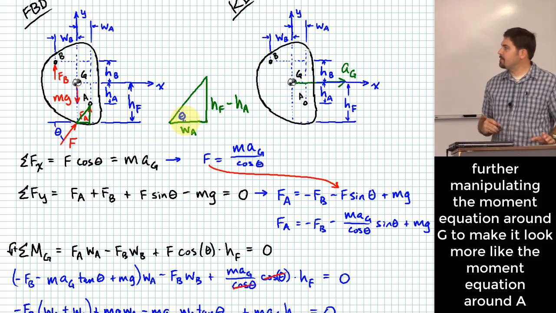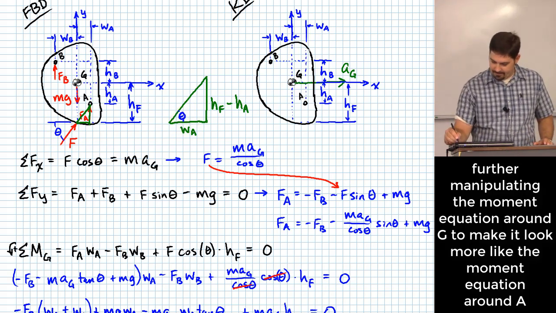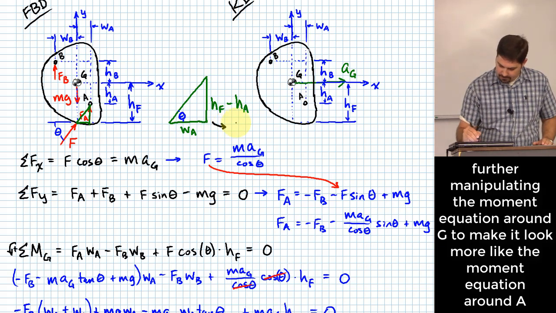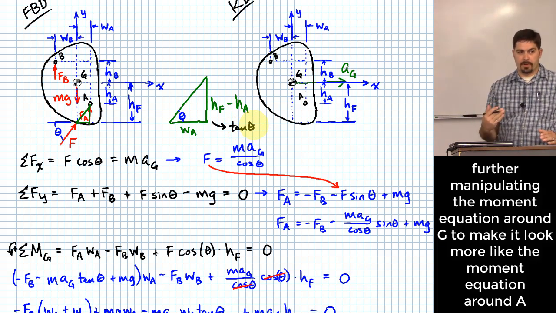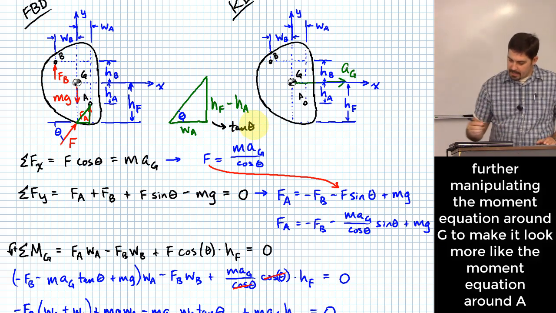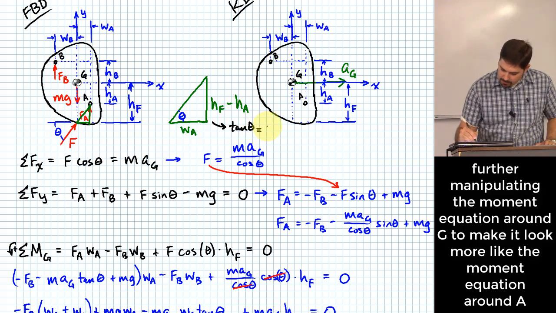So what is the tangent of theta? The tangent of theta is always, for a right triangle, opposite over adjacent, right? So the tangent of theta is equal to HF minus HA over WA.